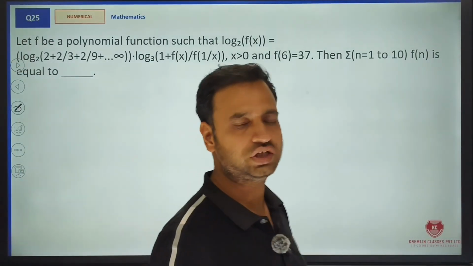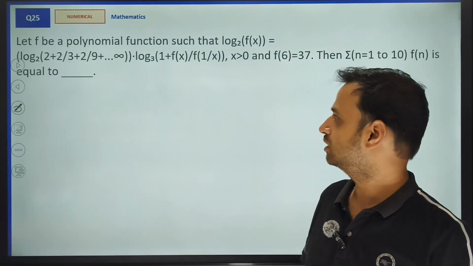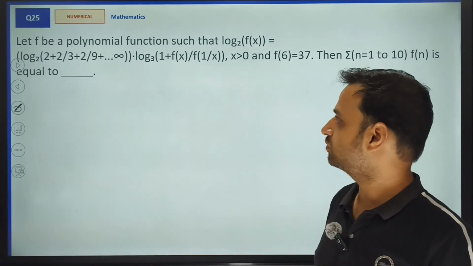So this is the last question of JEE Mains, shift 2, April 8 JEE Main paper. Now we have moved to question number 25.